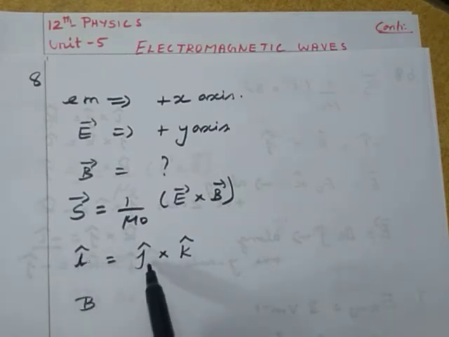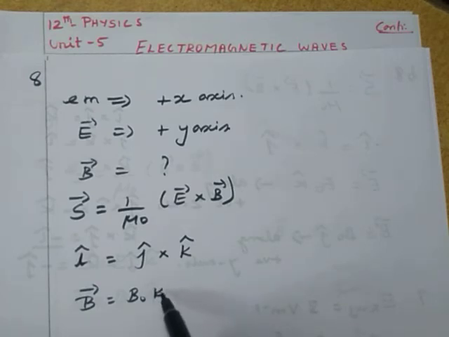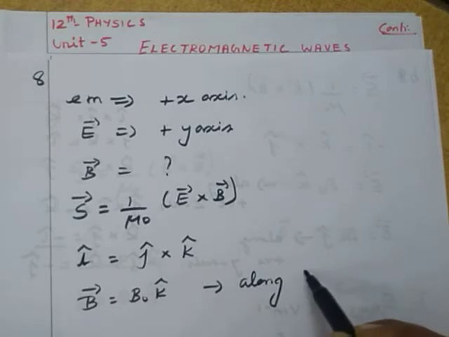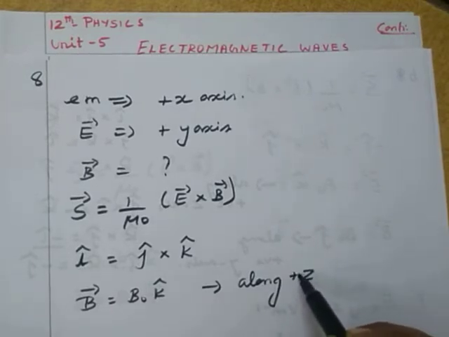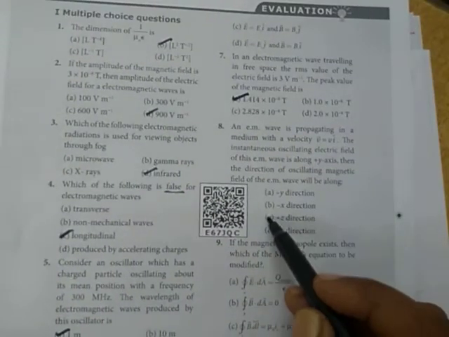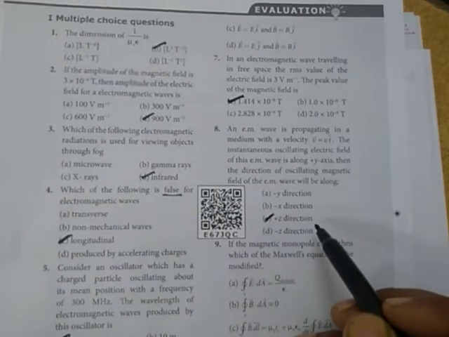At that instant the electric field is along positive y-axis and the magnetic field is along z-axis, B naught, that is k cap. Magnetic field along z-axis, or positive z-axis. So the answer is C, plus z direction or positive z direction.